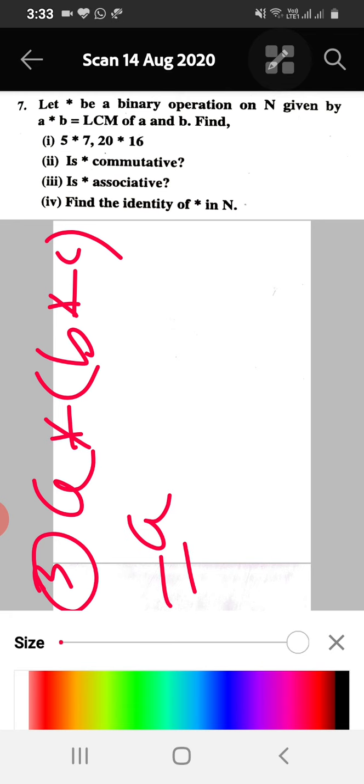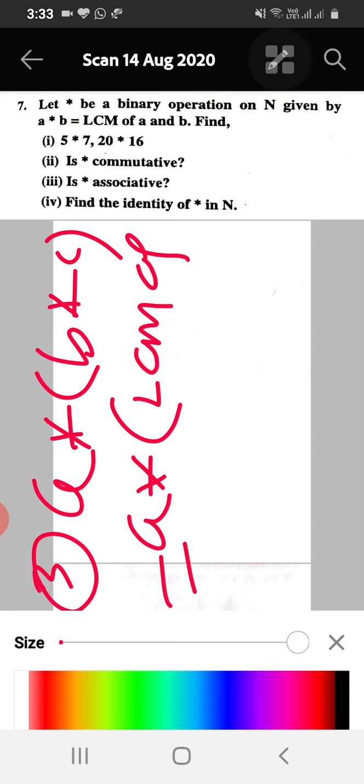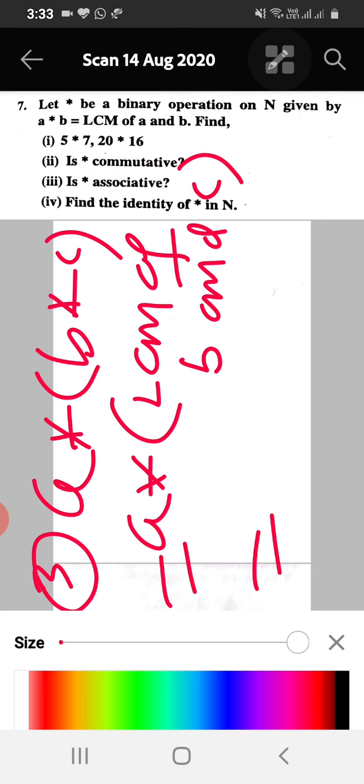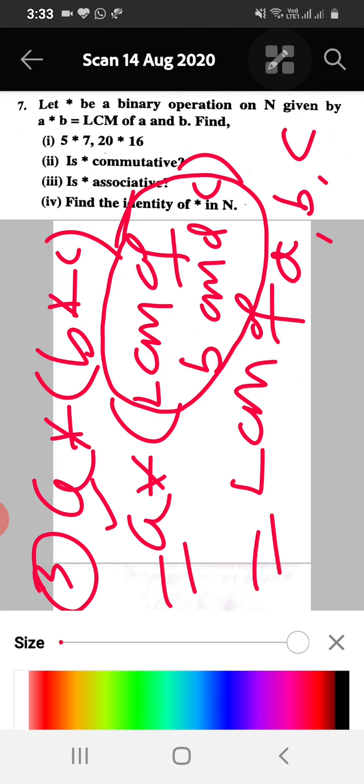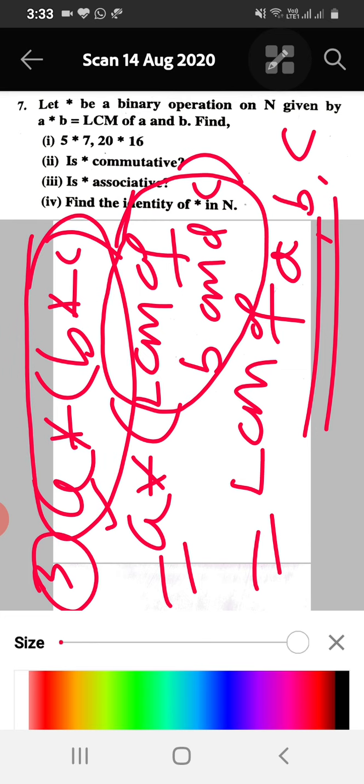A star, B star C means, according to the definition, A star LCM of B and C. LCM of B and C means LCM of A, B, C, an LCM of 3 numbers. So this is nothing but LCM of A, B, C.